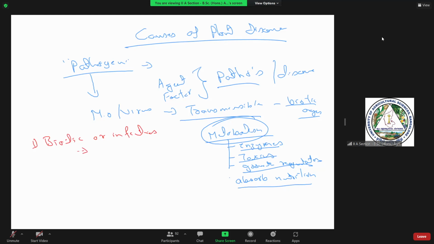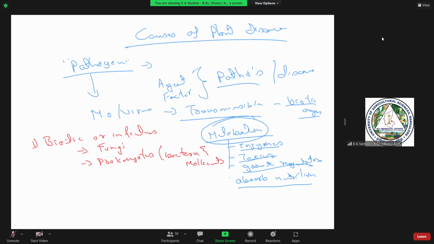Here under this, we have diseases caused by fungi and diseases caused by prokaryotes. Prokaryotes include your bacteria and mollicutes. Mollicutes mainly refer to your phytoplasma and spiroplasmas.